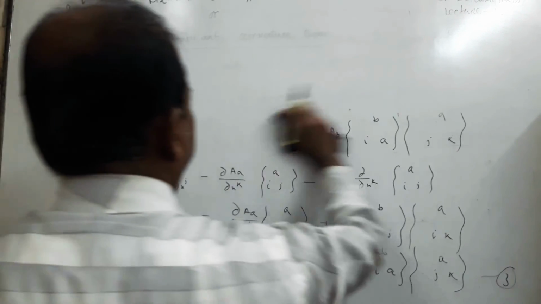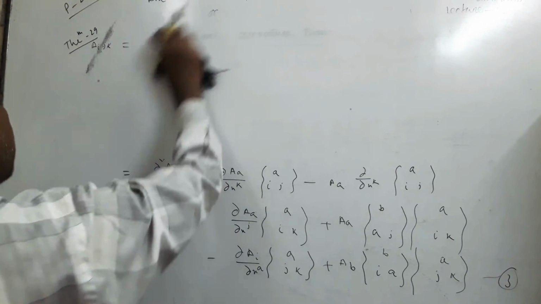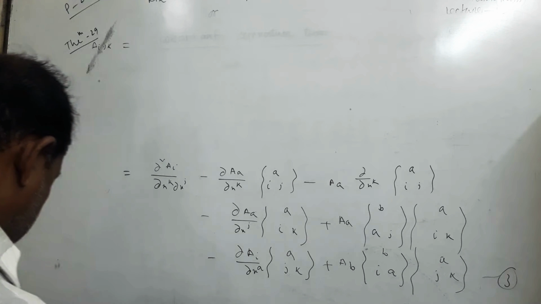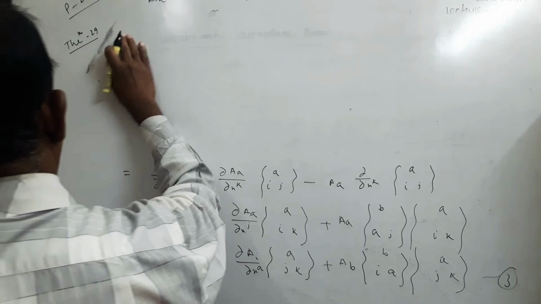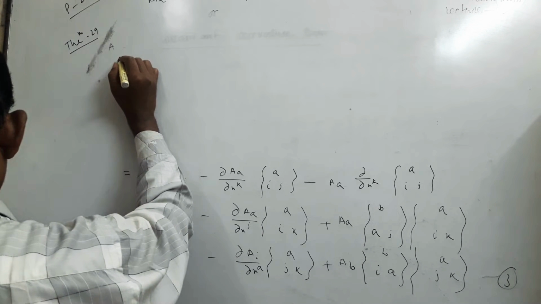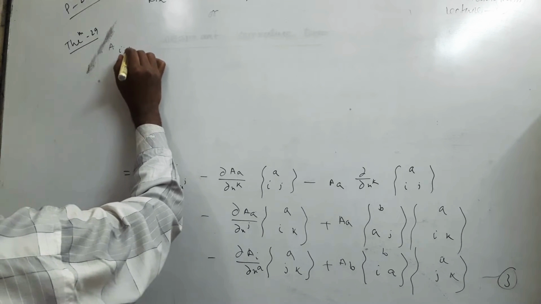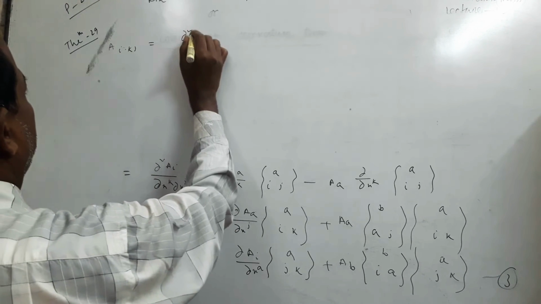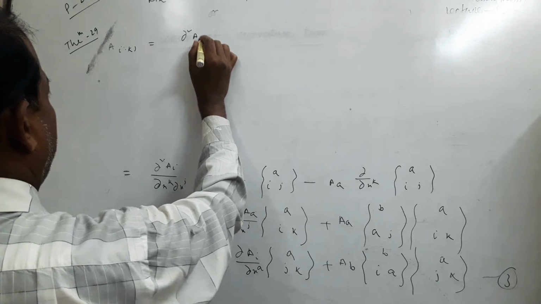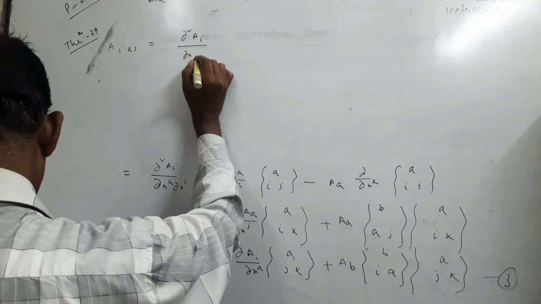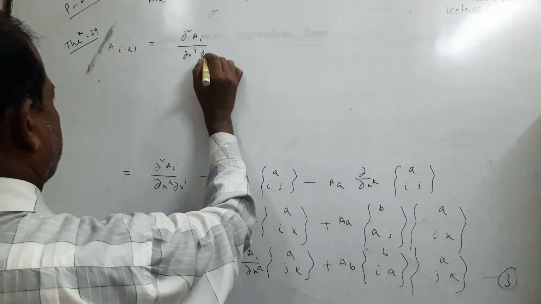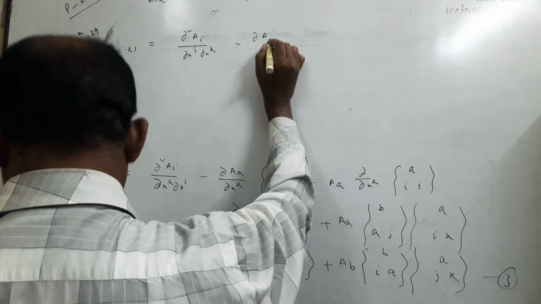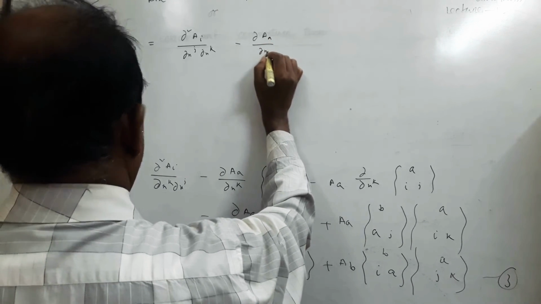We know previously, from these equations and 4, Ai,kj equals del square ai divided by del xj and del xk minus del a divided by del xj.